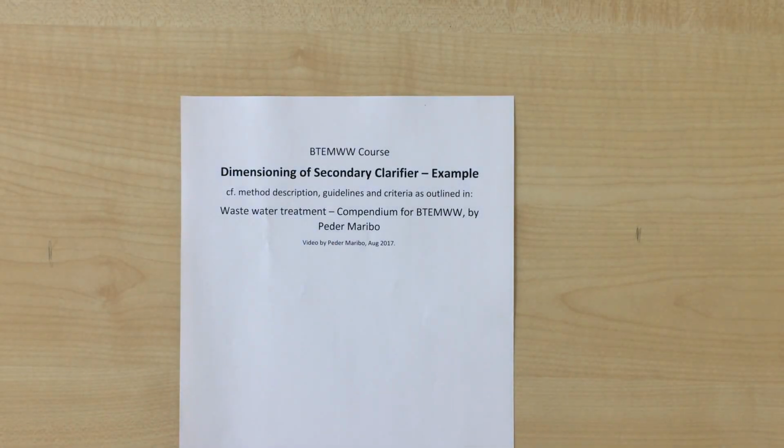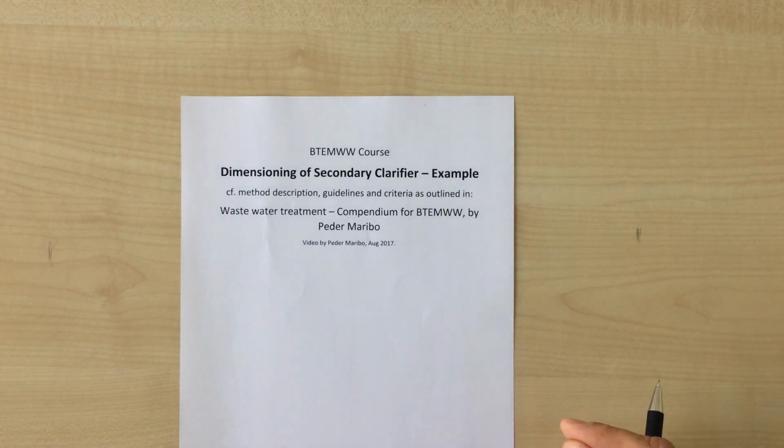So this is a video demonstrating the design, or the dimensioning, of a secondary clarifier according to the description and guidelines given in the wastewater treatment compendium by Peter Mariboe. I assume that you have read, prior to this example, the compendium pages 39 to 46 describing the method.